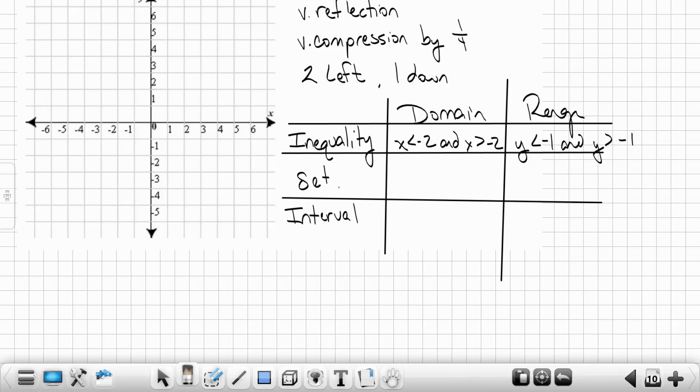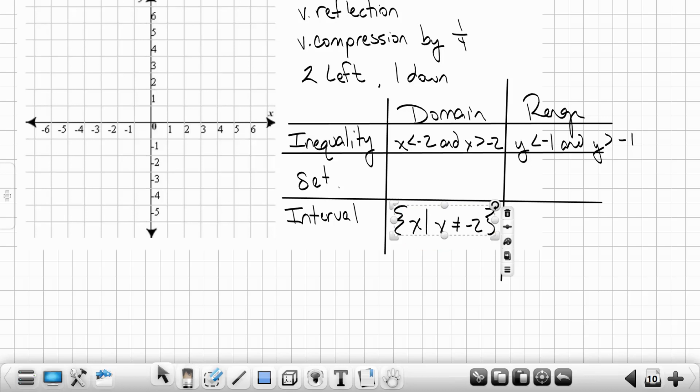We'll come back to set in just a second. Set was the one that most kids like because it's the shortest, but it's going to be a little different this time. So my interval's got the brace, sometimes referred to as the curly bracket. So my interval is x such that x is not -2. That's set notation, you're right. I apologize.